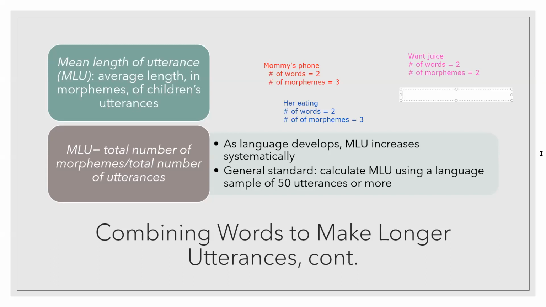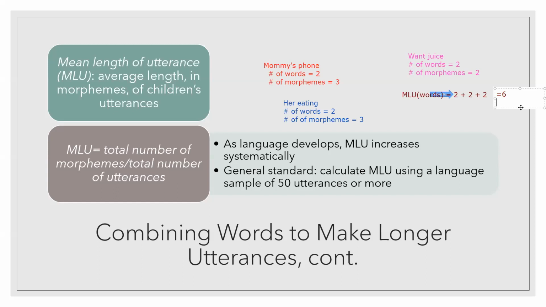So MLU in words equals 2 plus 2 plus 2. All right, so 2 plus 2 plus 2 equals 6. So we have our total number equals 6.